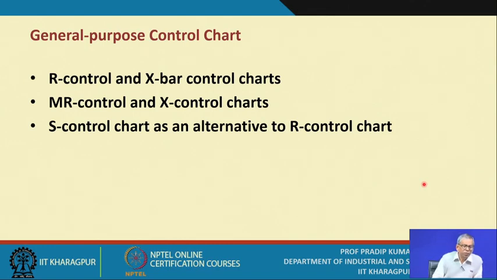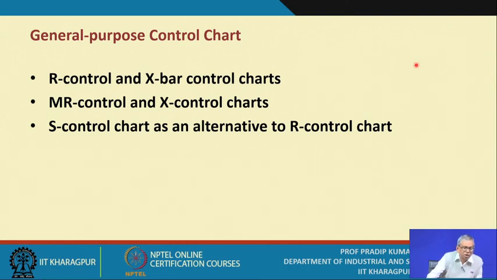Now let me focus, in this particular lecture session, first on general purpose control charts. And if you go through the textbooks, if you go through the practitioners' manuals related to quality control, what you find is that essentially there are 5 types of control charts recommended under the general purpose category.